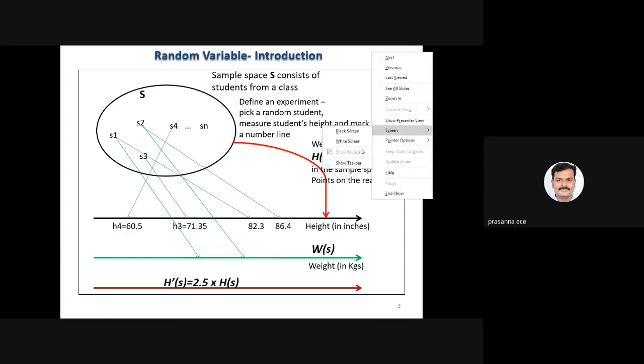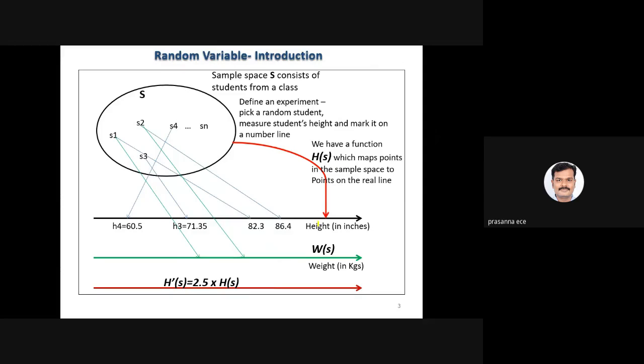I'll use my highlighter. This w of s and h of s are direct functions of the sample space, so they take values directly from the sample space. But this h dash of s is a function of another random variable h of s, so it can be a function of some f of h.